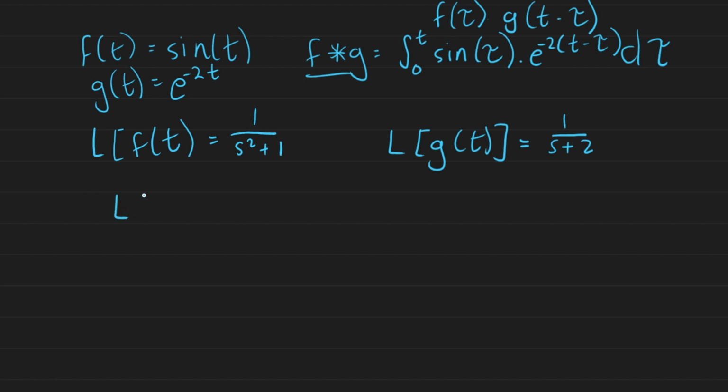So this Laplace transform of the convolution is equal to just the product of these two quantities that we have just written now. So it's 1 over s squared plus 1 times s plus 2.